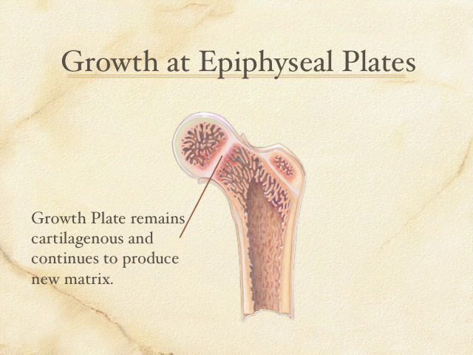The bone is soft in this place. Ground substance is being produced at a tremendous rate. What that is doing is shoving the 2 ends of the bone further and further apart. As it does, osteoblasts and osteoclasts out at the edges of that are ossifying the bone, or causing it to change from cartilage into bone.